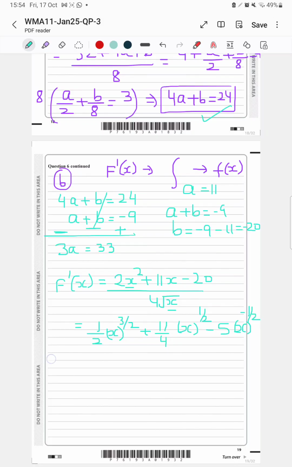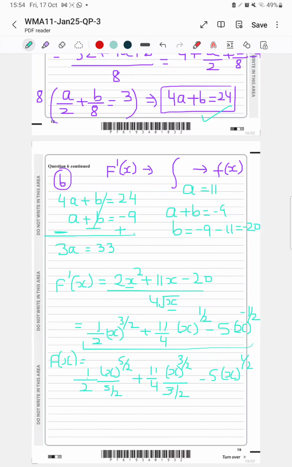Now I will start integrating it. So f of x equals the integration of this whole expression. So that will be half of x to the power of 5 by 2 divided by 5 by 2, plus 11 by 4 x to the power of 3 by 2 divided by 3 by 2, minus 5 times x to the power of -half plus 1, divided by 1 by 2.